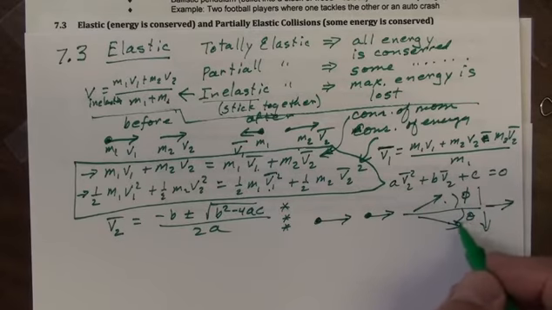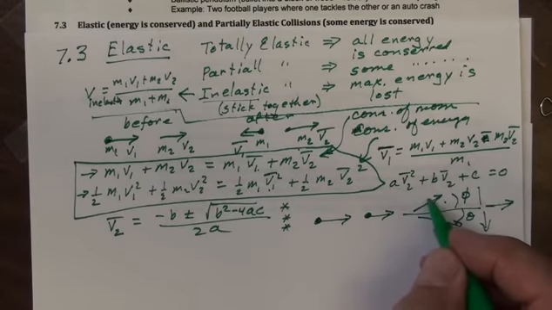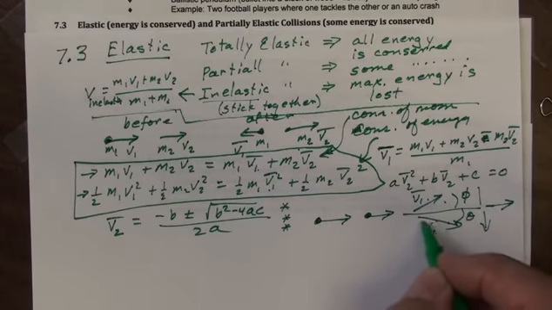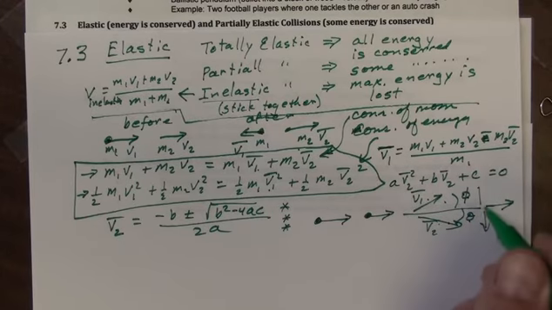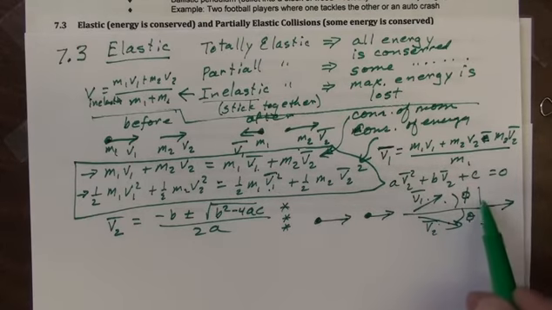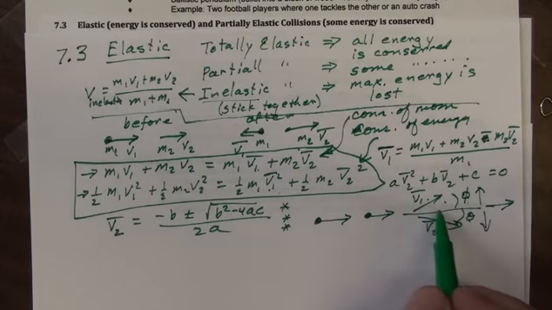So here you have both a V1 bar, a V2 bar, an angle phi and an angle theta, and you end up with one more equation. So you end up with three equations. What is that extra equation? We still have these two, but you have one in the perpendicular direction that comes from the sines of the angles.